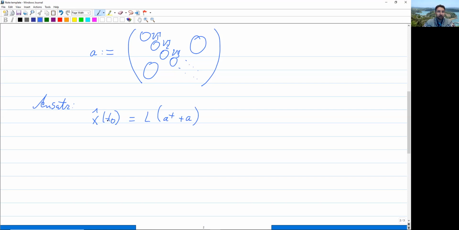So that's an infinite by infinite matrix now. And we made the ansatz that p hat of t naught is equal to i h bar over, so this is a definition, right? We just try this out. i over i h bar to L, and then a dagger minus a.